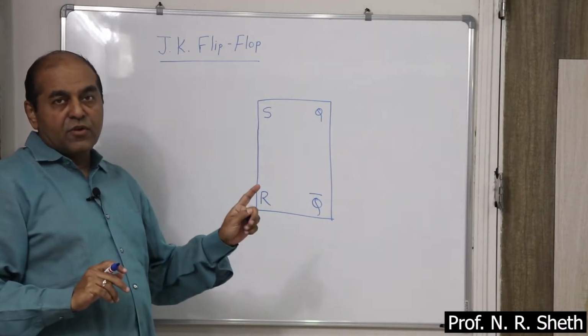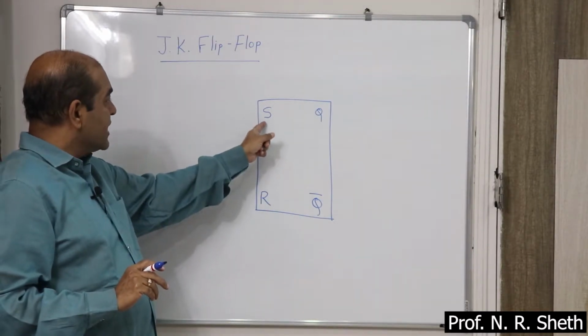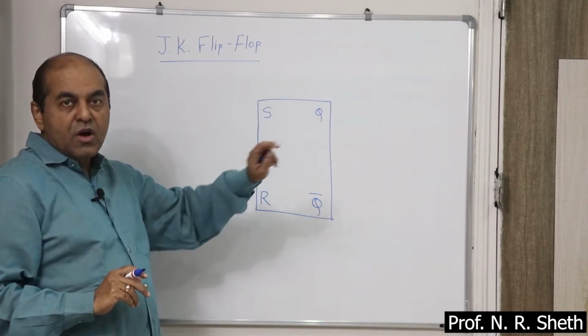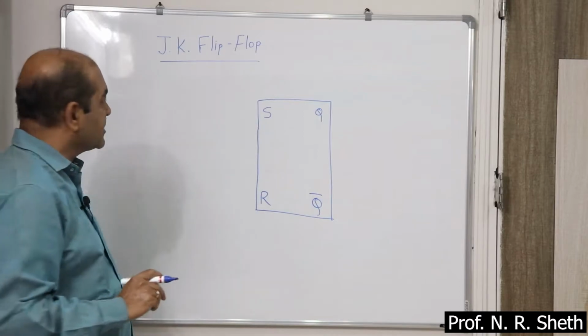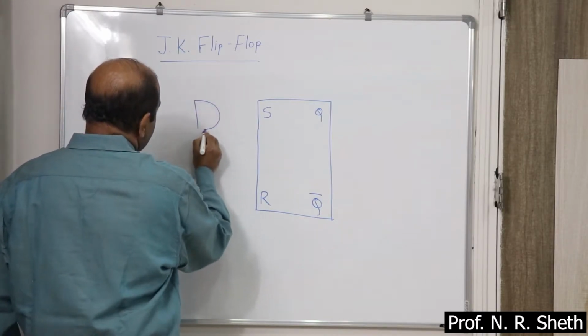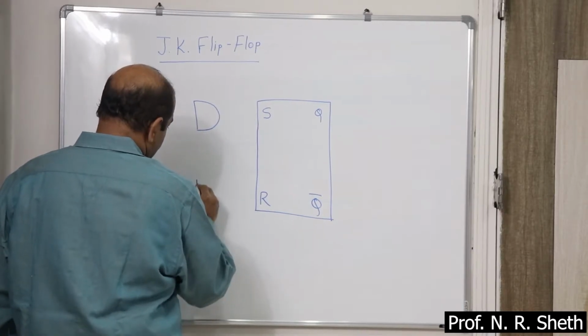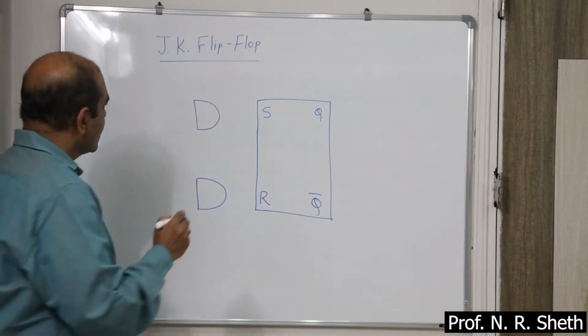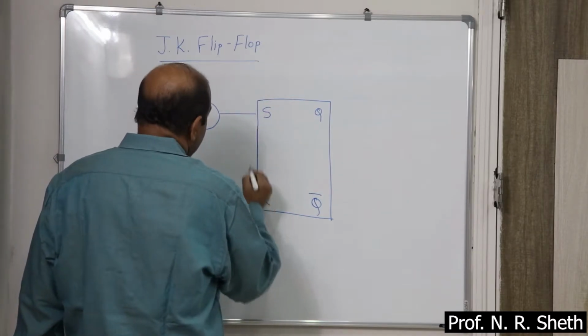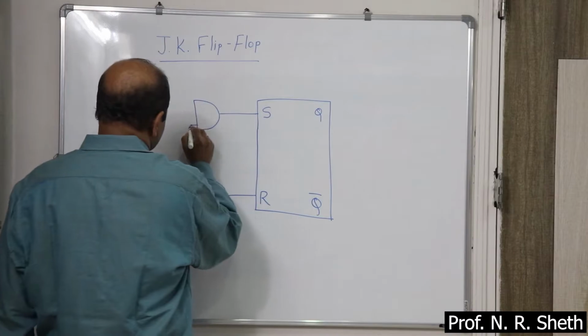In the RS flip-flop, you know that when S is 1, Q is 1, and when S is 0, Q is 0. So Q follows the action of S. Then two AND gates, but these two AND gates are of three inputs.